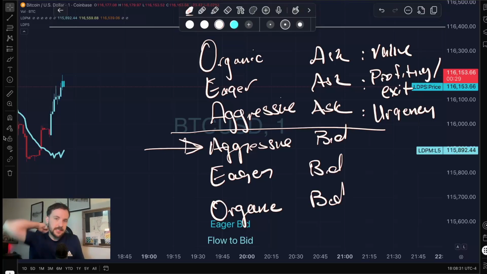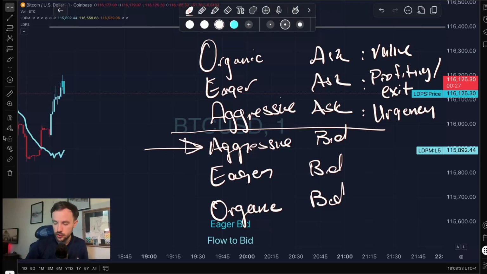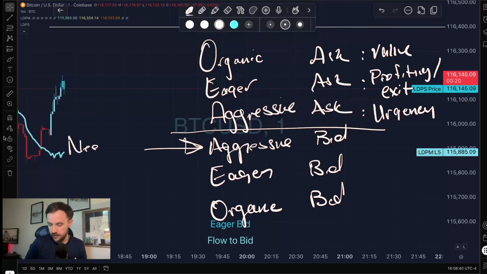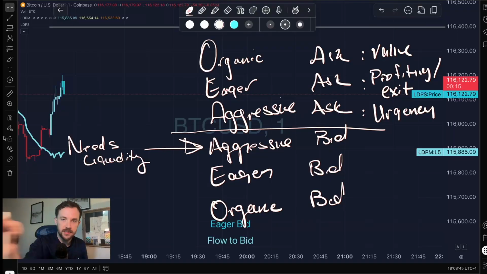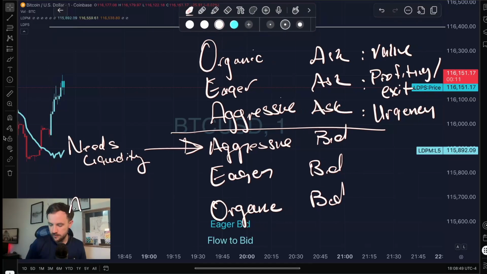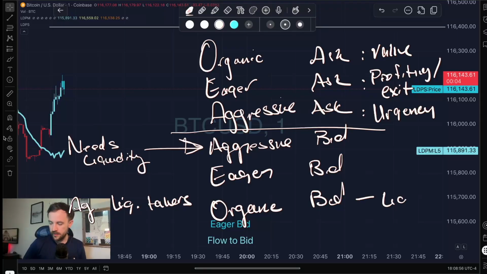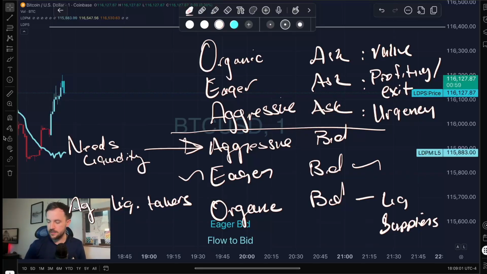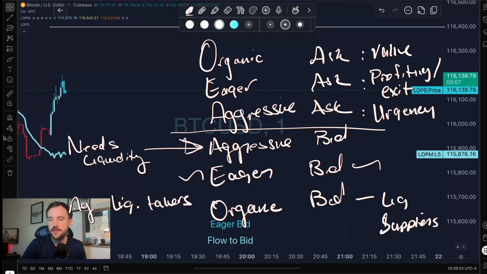And that's a good example, because with an aggressive bid, say you're a short seller but you're trying to cover, this aggressive bid needs liquidity, right? It needs to find a place to transact. So the aggressives are liquidity takers, and the organics are liquidity suppliers. And then the eager kind of sits somewhere in between, depending on just how eager they are.